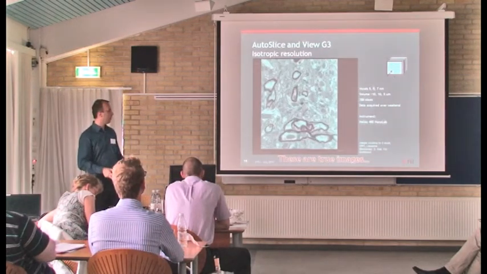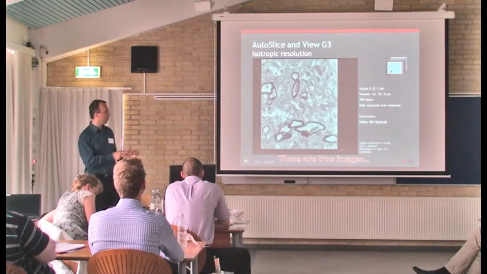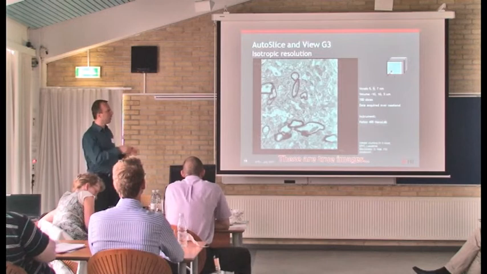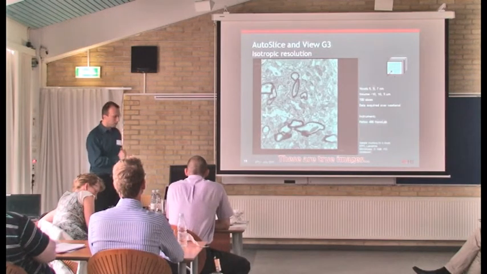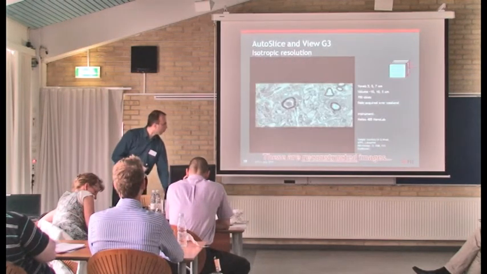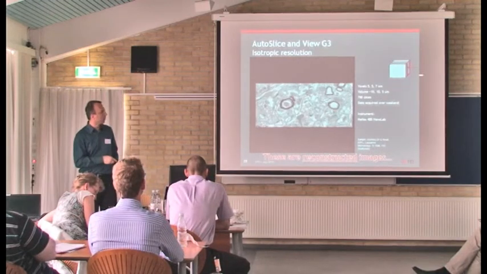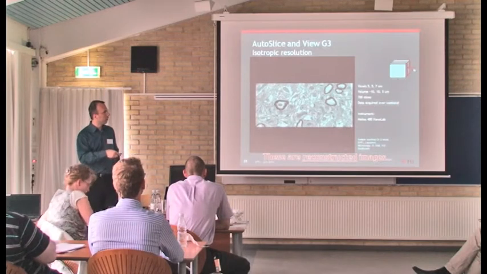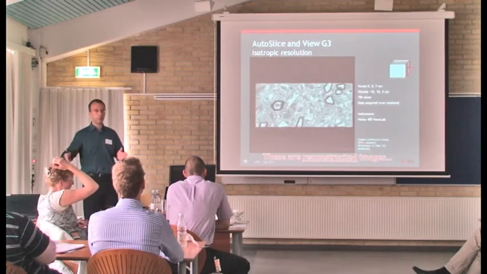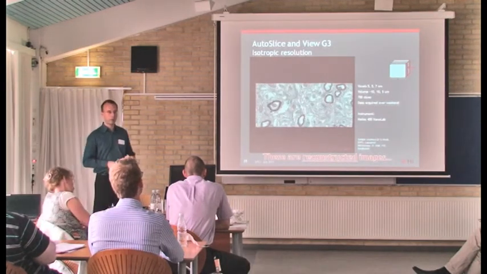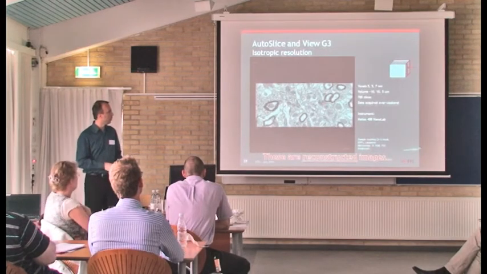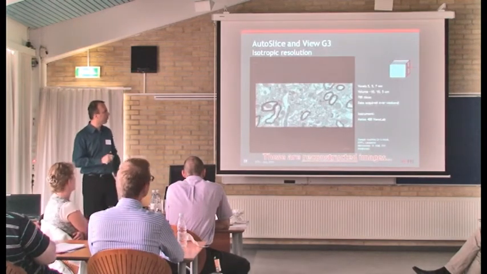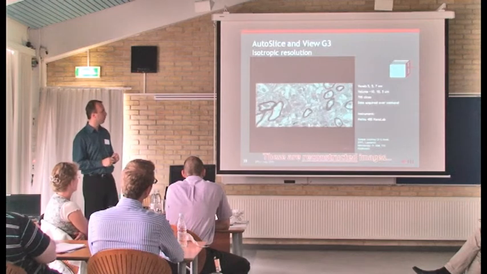I can rely on my data set not only to provide a resolved image in the main SEM plane, but also to look at it from the side, from a realigned stack of slices, where you can see extremely resolved data.